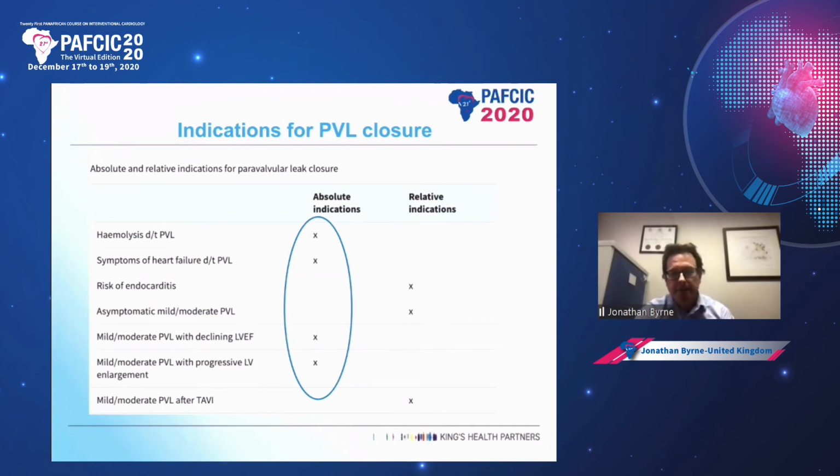The relative indications you see to the side, reducing risk of endocarditis, asymptomatic, mild leaks, are not really relevant to interventional practice. I would shy away from those and stick with the very hard indications.